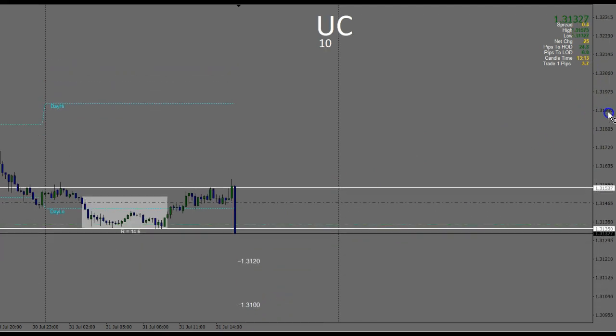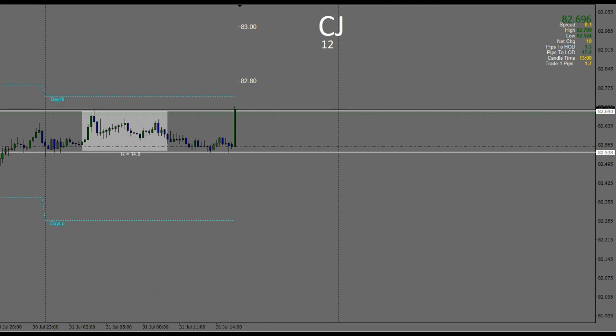Now we just sit and wait and see what this offers us. I'm going to put my take profit down here at the 0.0 level for now. This one here, move that up to the 0.0 level.